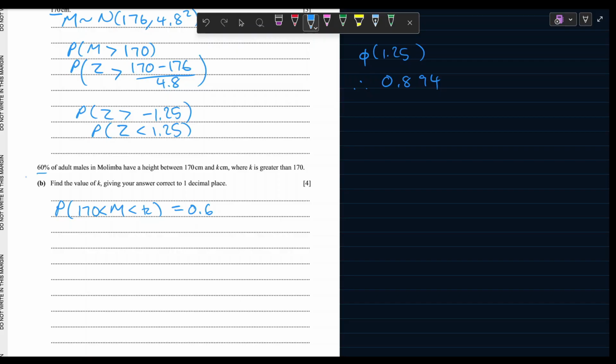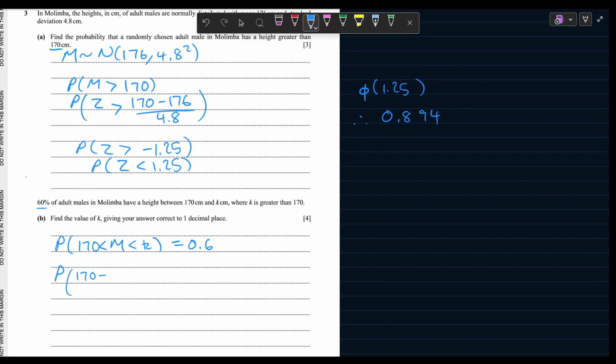Okay, so let's standardize. That's going to be the probability of 170 minus our mean, our mean is 176, over our standard deviation, which is 4.8. And this is less than M, which is less than K minus our mean, 176, over our standard deviation 4.8. And this is equal to 0.6.